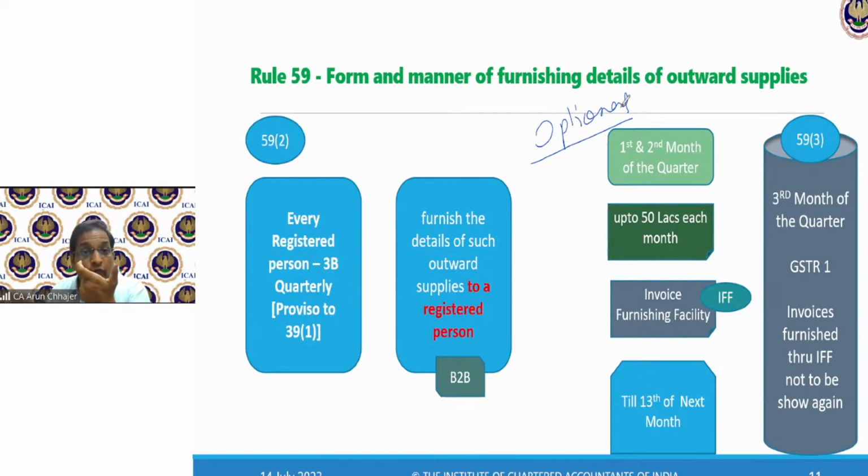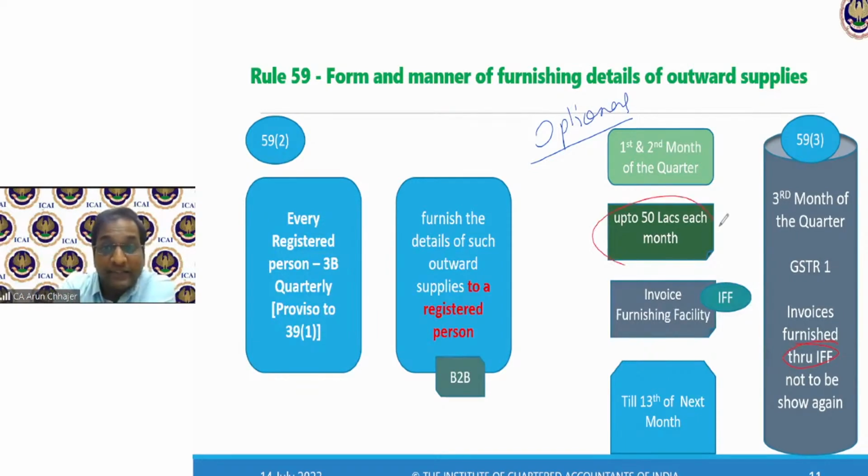The form by which I will furnish my outward supply is IFF. What is the full name of IFF? Invoice Furnishing Facility.